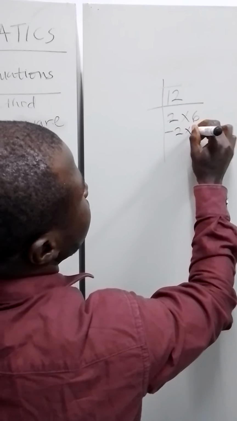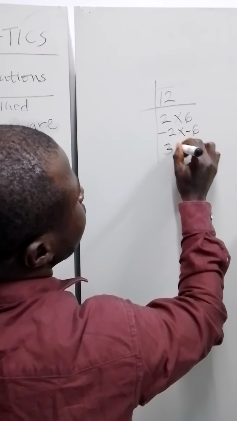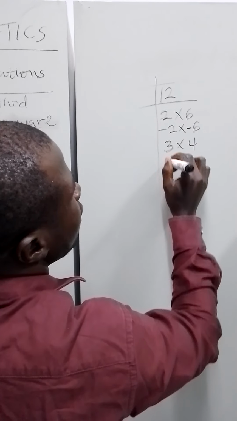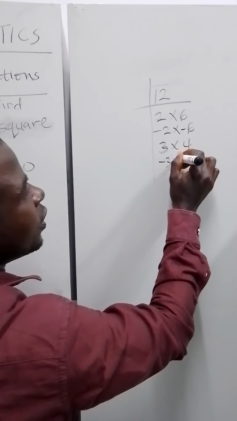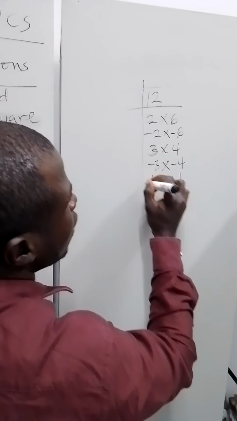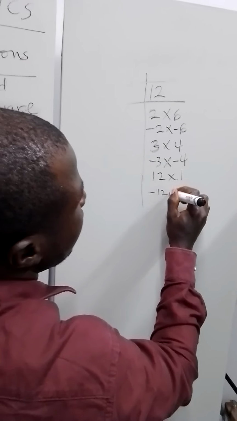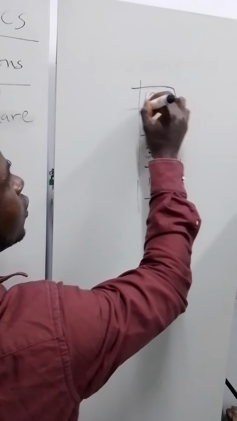Minus 2 times minus 6 is 12. 3 times 4 is 12. Minus 3 times minus 4 is still 12. Then 12 times 1 is 12. Minus 12 times minus 1 is also 12. All these give us 12.